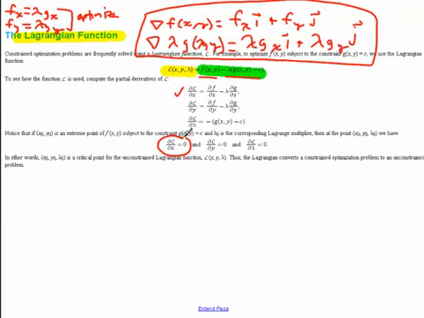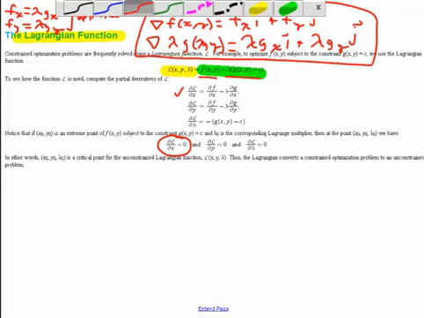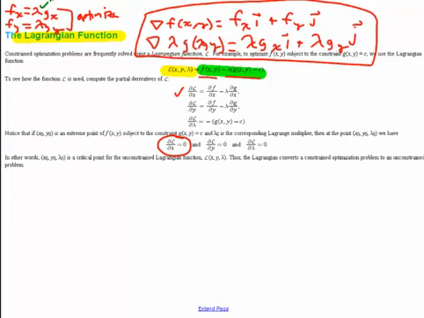And when this equals 0 is the same thing as saying that they equal each other. And the partial derivative of L with respect to y is partial f with respect to y, which is this, minus lambda partial g with respect to y, which is that. And when that equals 0 is the same thing as saying that these equal each other.